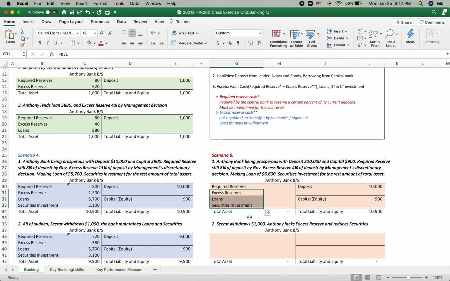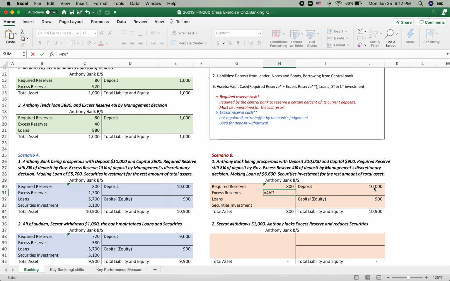I would just want to take the same account names. So the required reserve is the same as in scenario A. So 8% times the $10,000 deposit. And the excess reserve is 4%.